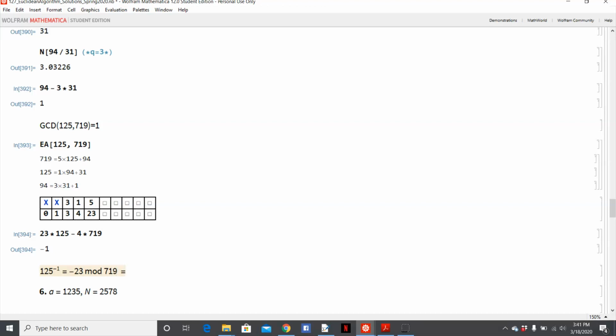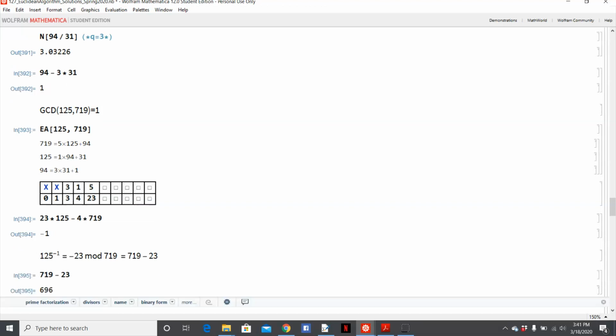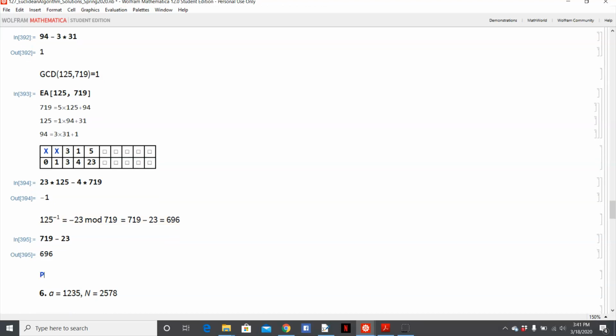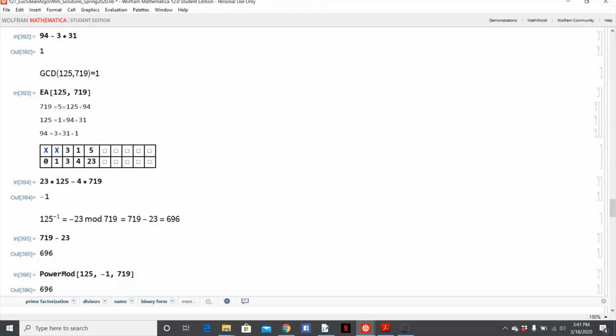All right, which is the same as 719 minus 23, which, when you work that out, is 696. All right, and just to double check with Mathematica, if we want the inverse, 696. Great.